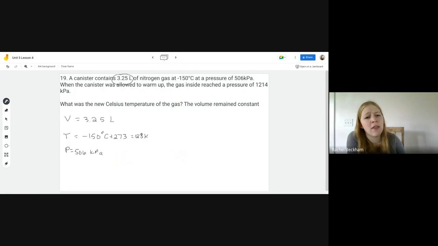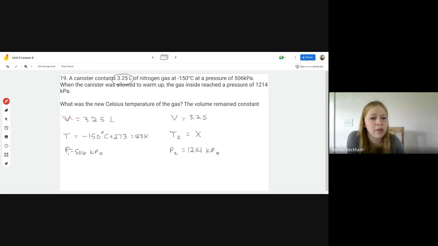When the canister was allowed to warm up, the gas inside reached a new pressure of 1214. So that's my P2 versus my P1. What was the Celsius temperature of the gas? The volume remained constant, so my volume stayed at 3.25.